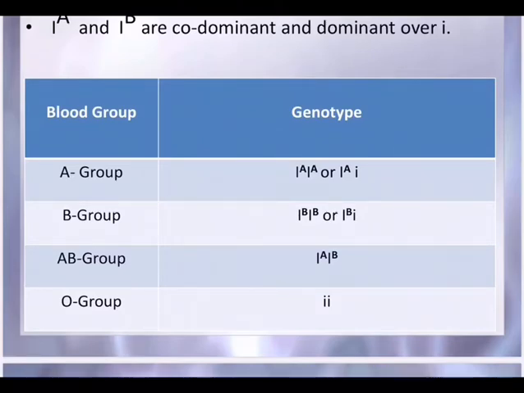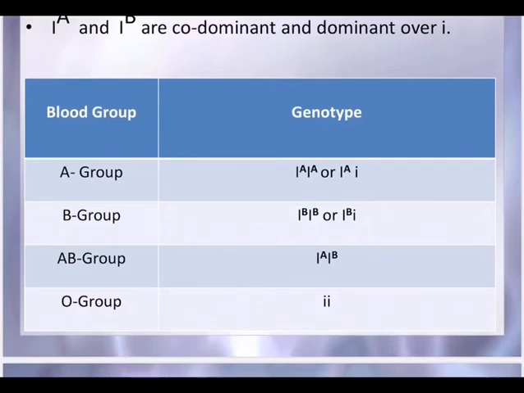How is it that IA and IB are codominant and dominant over I0? Let's see the genotype and the phenotype. Blood group is obviously the phenotype, that is, which group of blood is present inside the body. For example, if a person has A blood group, the genotype must be IA IA, because of codominance, or IA I0, and one dominant allele is enough to express itself.